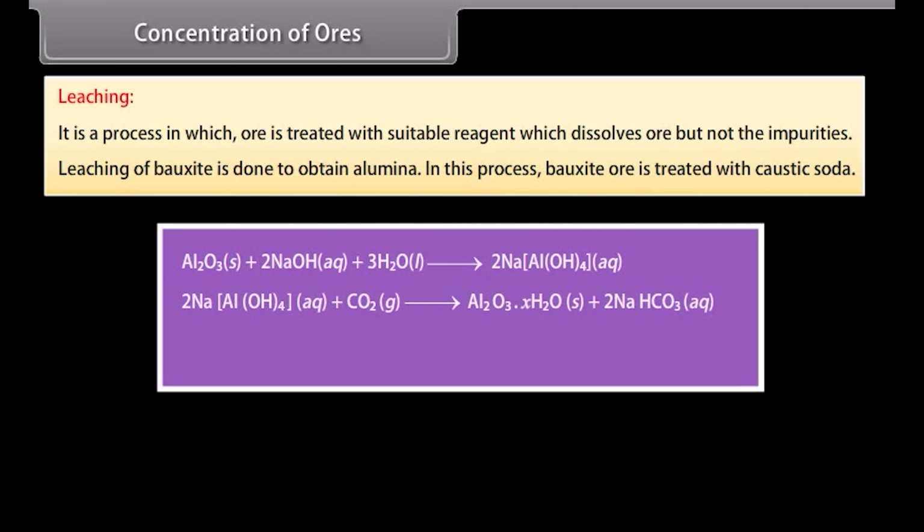The aluminate in solution is neutralized by passing CO2 gas, and hydrated Al2O3 is precipitated. The precipitate of Al(OH)3 is filtered, dried, and finally heated to about 1470 Kelvin to obtain pure Al2O3.